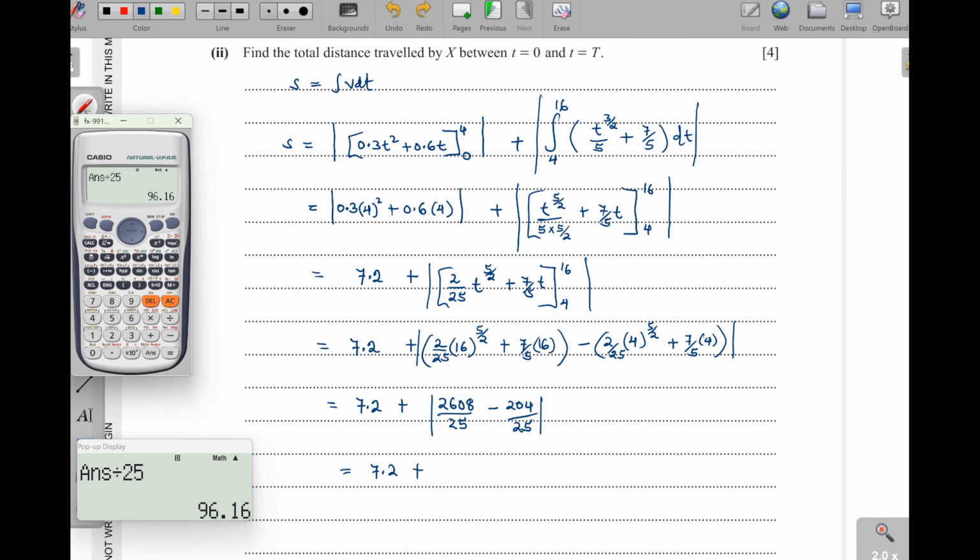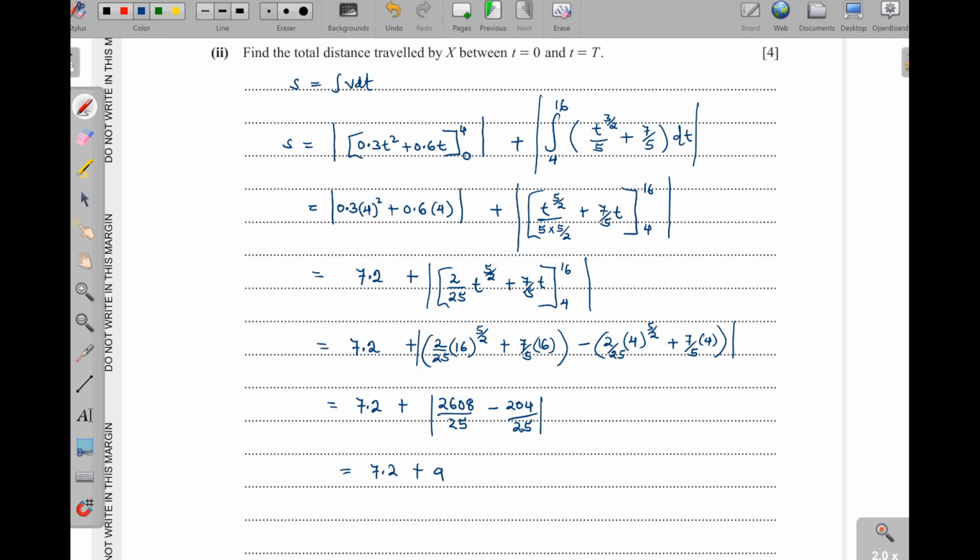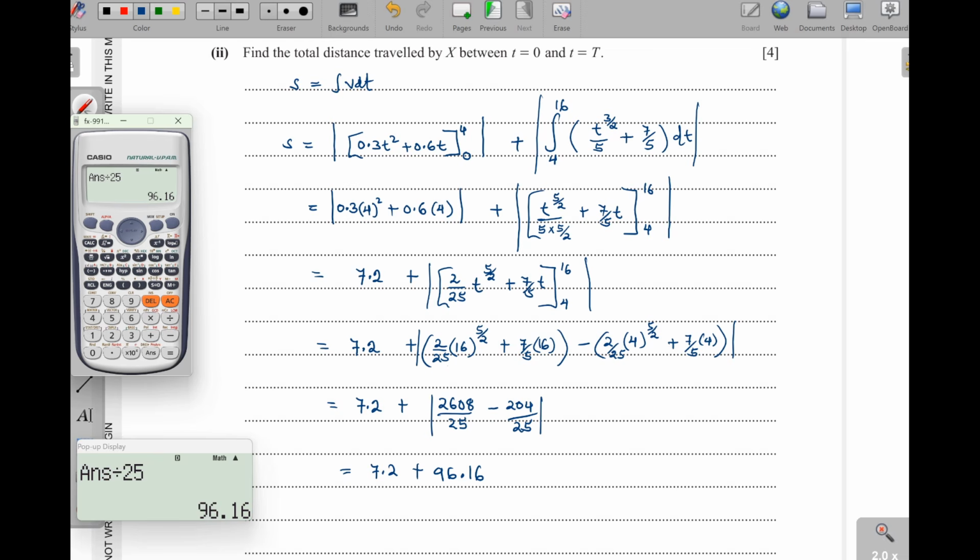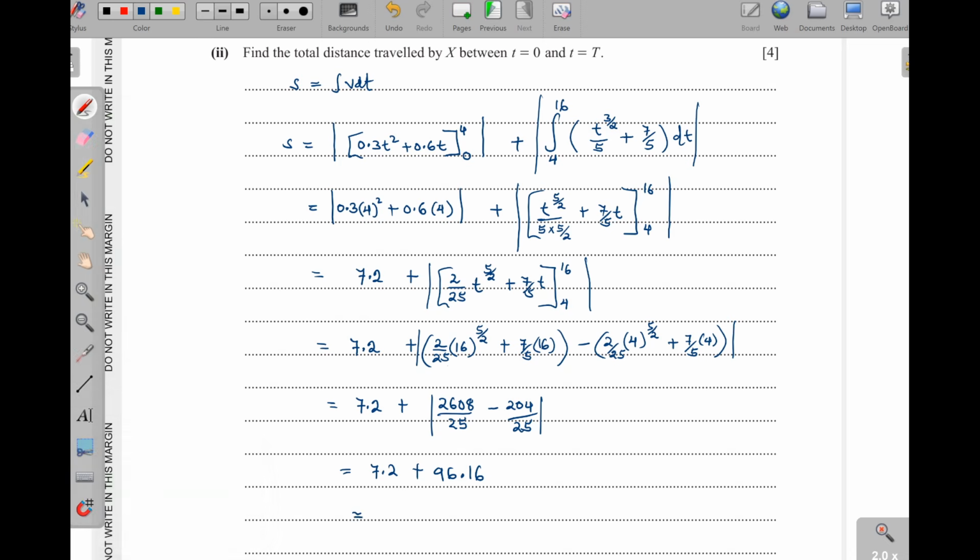We get 96.16. Add to 7.2, then we get 103.36 meters. I don't need to round this one to 3 significant figures because it is a terminating decimal, so I will stop it there.